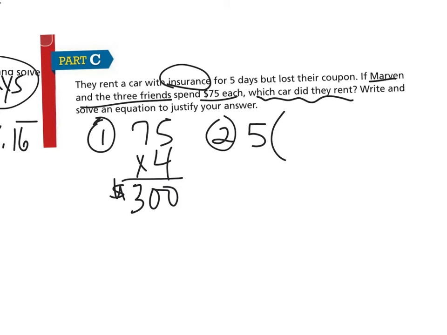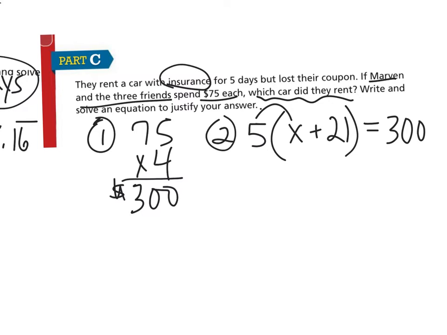So they have their cost of the car plus their insurance is $21. Okay, let x represent the daily cost for whichever vehicle they're renting, and then that's equal to $300.